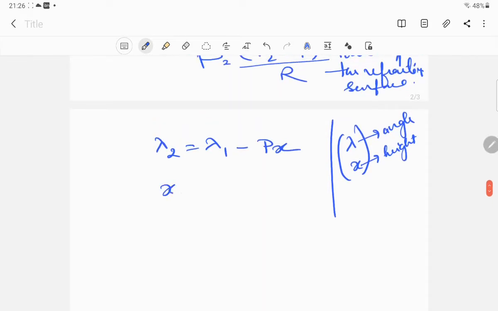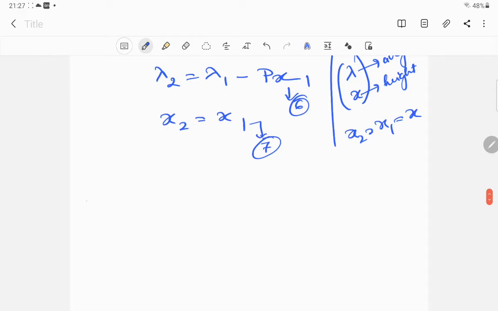So one condition is that x2 equal to x1. Because x2 equal to x1 equal to x, in place of x I have written x1. So this is our equation number 6 and this is our equation number 7.